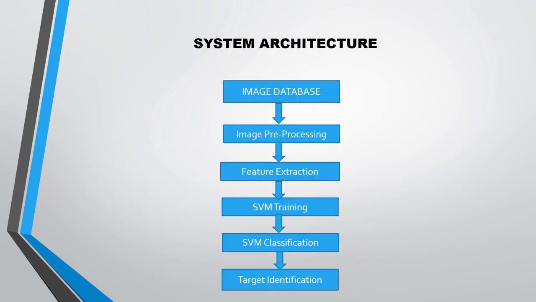And this is a small architecture design showing how my project is going to work. I take the image database, and the images are pre-processed, then go through feature extraction and SVM training, support vector machine classification and target identification.